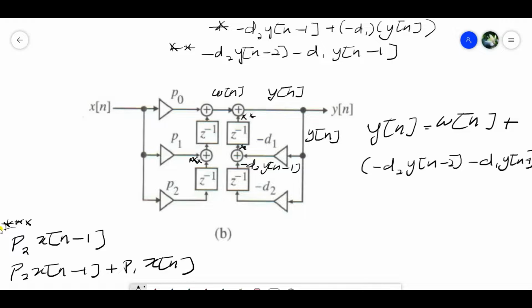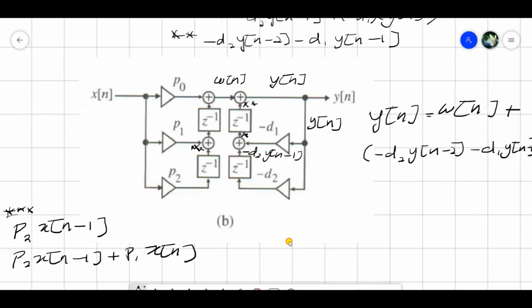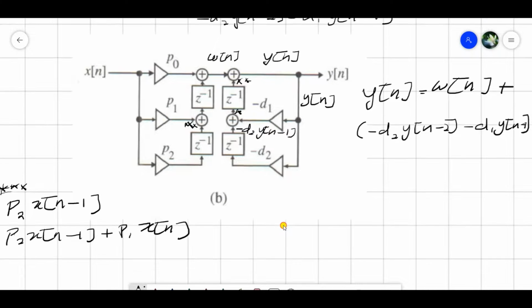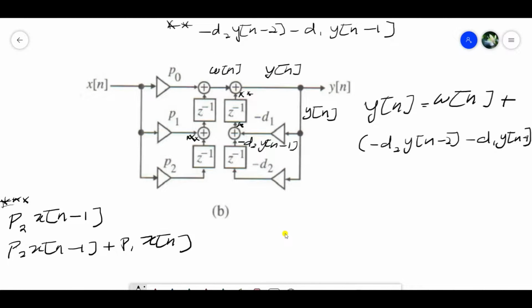All of this goes into the unit delay. So we have the p2 xn minus 2 and p1 xn minus 1.